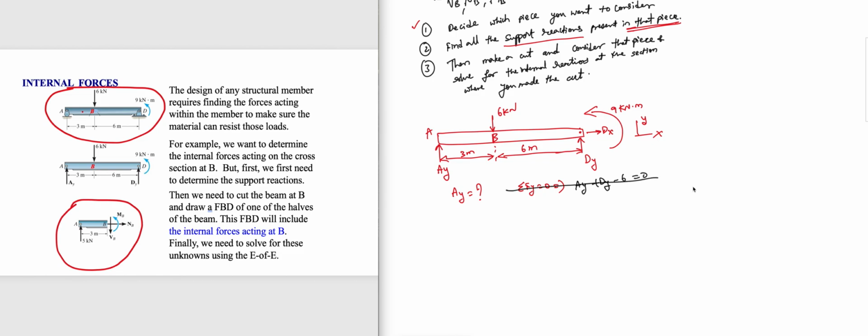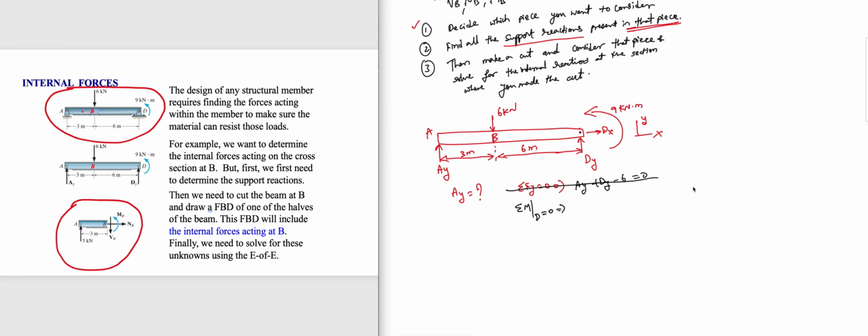what I will do is take moments with respect to D equal to 0. Dx and Dy are already cancelled because the distance is 0. So a smart way to do it is this approach. I already have 9 kilonewton meter counterclockwise, so I'm going to write plus 9.